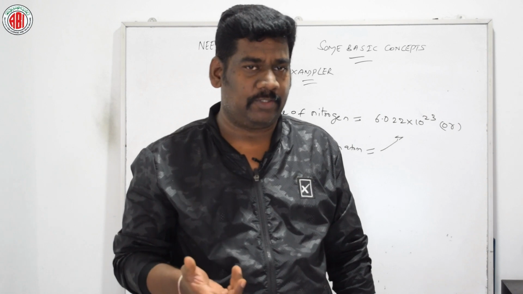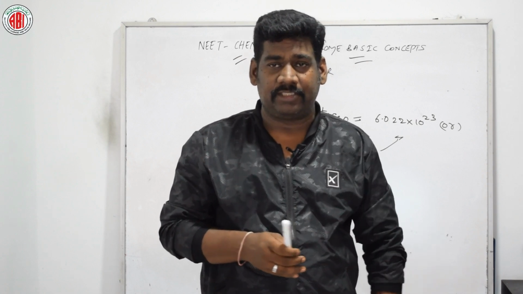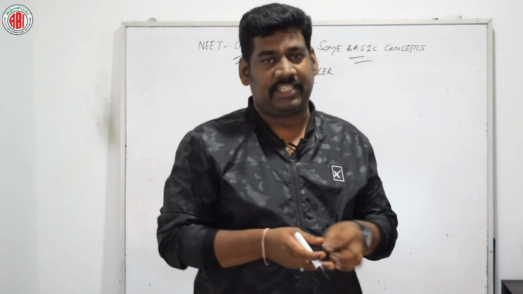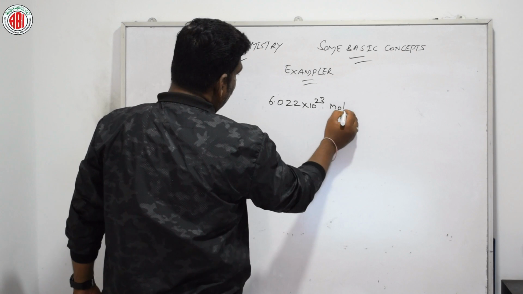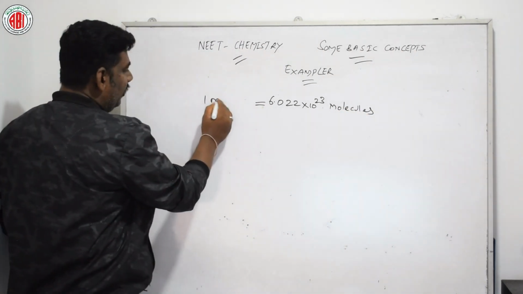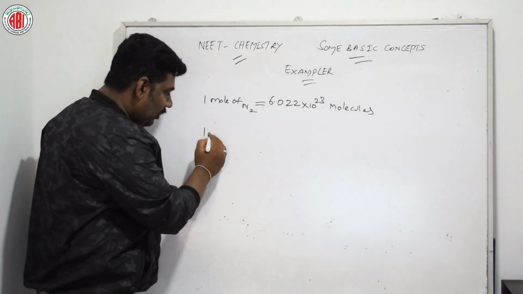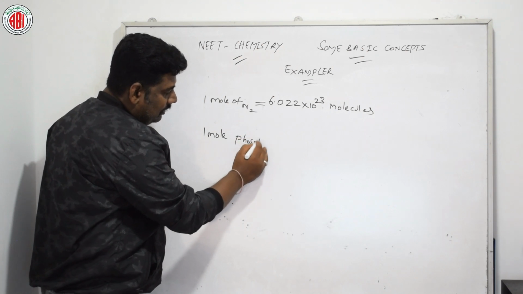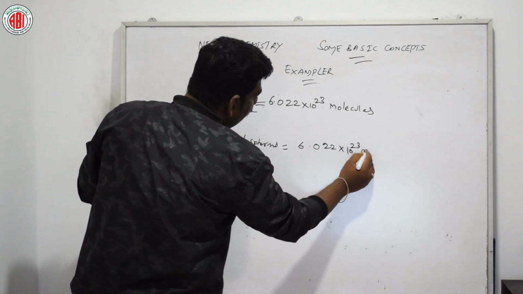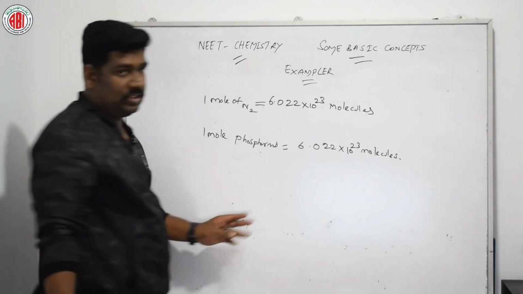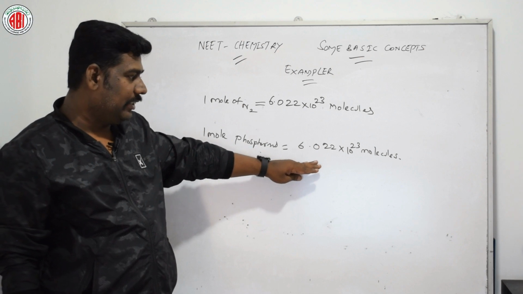Which contains always 6.022 into 10 to the power of 23 molecules. 1 mole of phosphorus is equal to 6.022 into 10 to the power of 23 molecules.